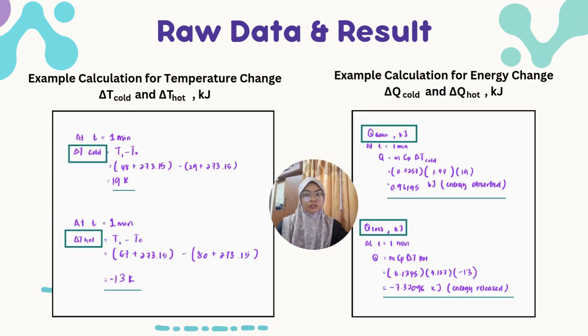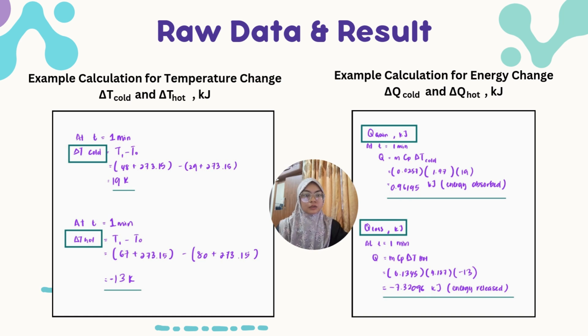Next, to determine the result, we need to calculate the temperature change, which are delta T cold and also delta T hot, respectively, using the data from cold fluid and also the hot fluid.